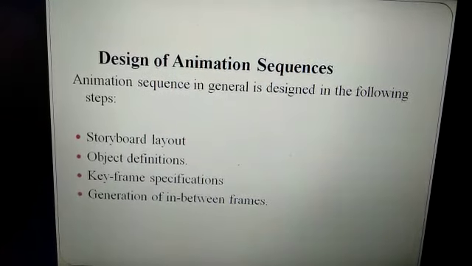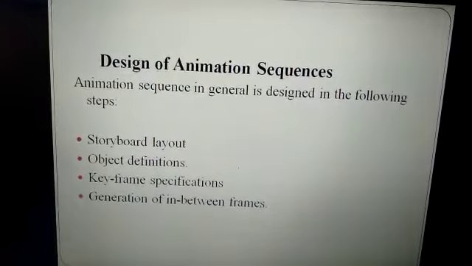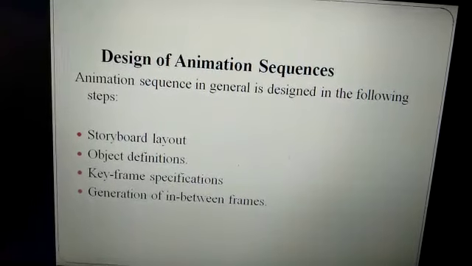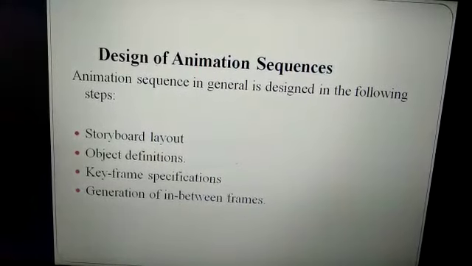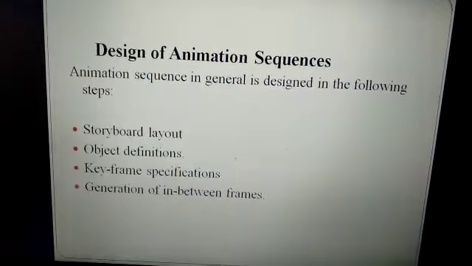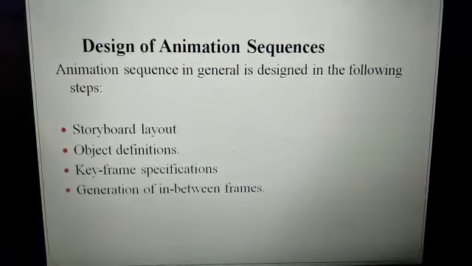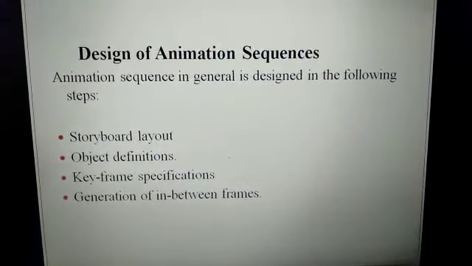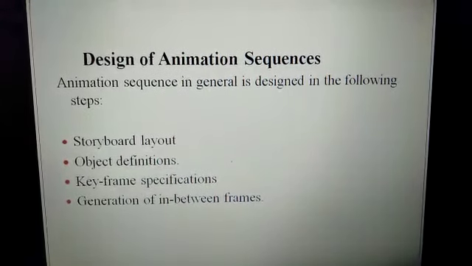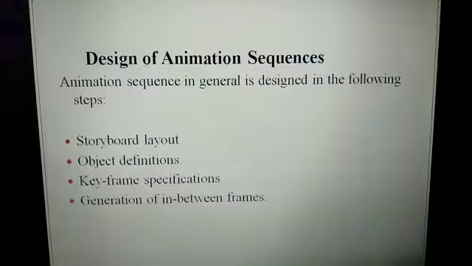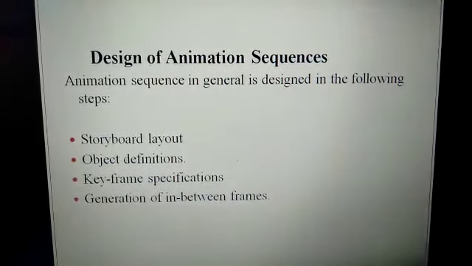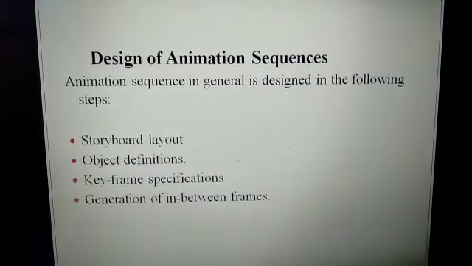A basic approach is to design such animation sequences using the following steps: storyboard layout, object definitions, keyframe specifications, and generation of in-between frames. The storyboard is an outline of the action which defines the motion sequence as a set of basic events that are to take place. The storyboard could consist of a set of rough sketches along with the action, hence the name storyboard.